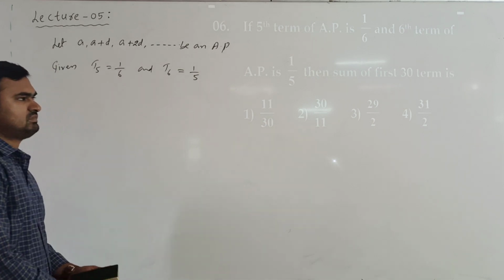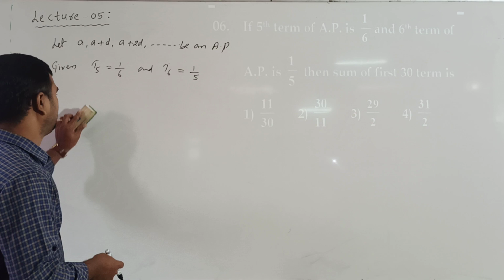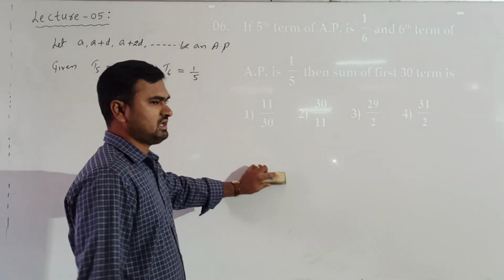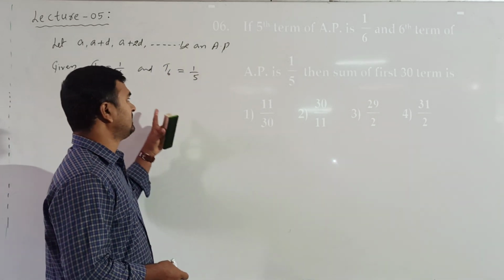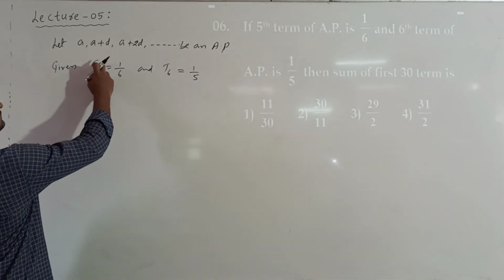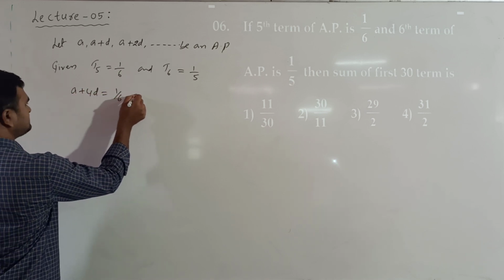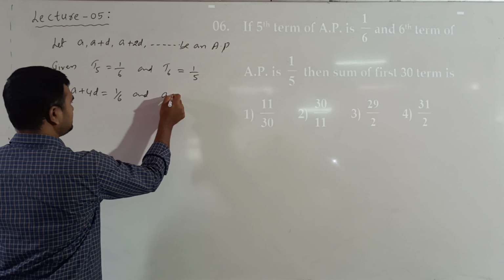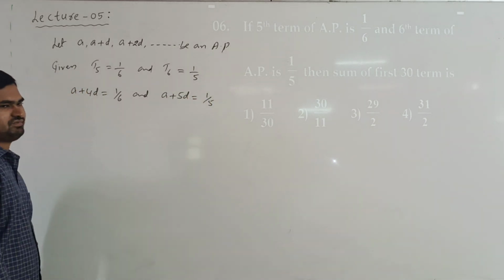We need the sum of the first 30 terms, that is S30. Now form a relation between a and d, the first term and common difference, using these two conditions. So p5 means a plus 4d is 1 by 6. p6 means a plus 5d is 1 by 5.